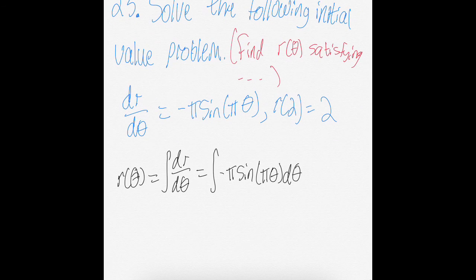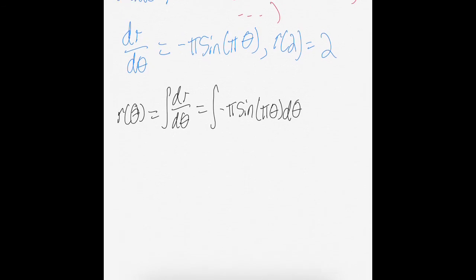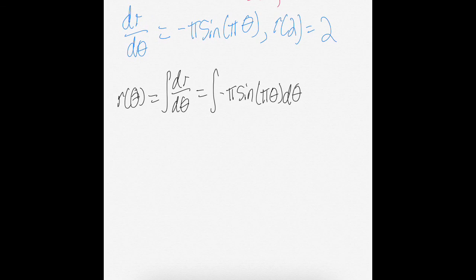Well, just like before, we're going to start by anti-differentiating the derivative. So r of theta is going to be the antiderivative of dr d theta. And we know that dr d theta is negative pi sine of pi theta d theta. I don't think that I've written out a rule for sine yet, so let me go ahead and give ourselves that rule.